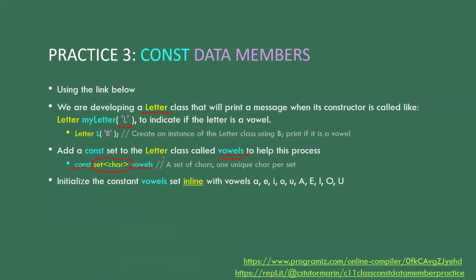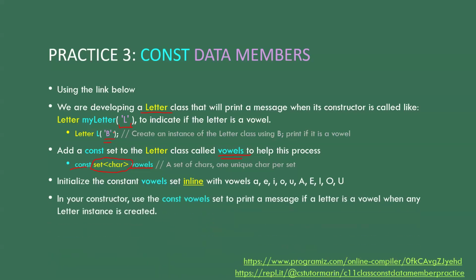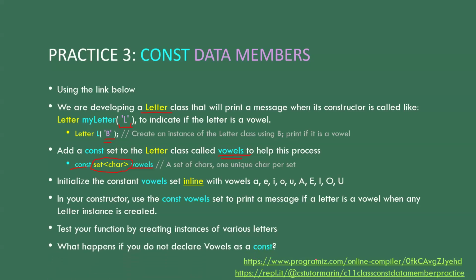We're going to set the vowels in there to upper and lowercase vowels. And our constructor is going to let us know if someone gave us a vowel. Okay. So we want to set that member through the constructor. We're going to actually initialize that set through the constructor, and then it's going to be constant. Okay, so let's take a look at that code and see if we can do this together.